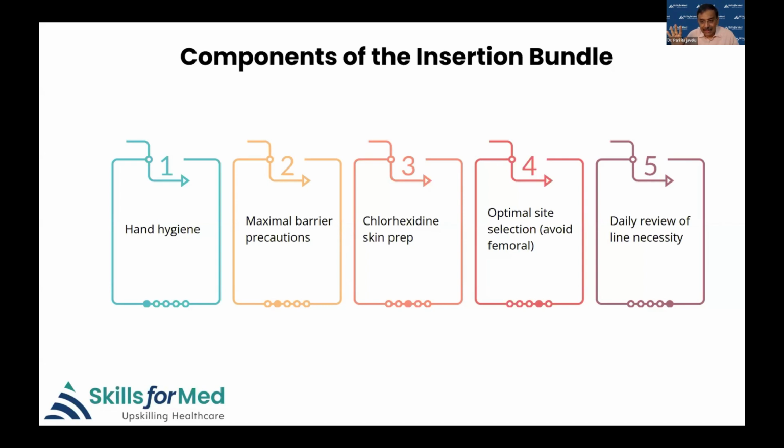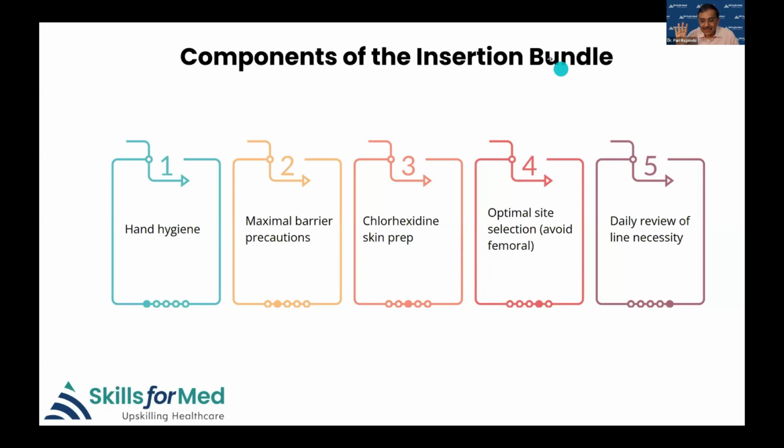CLABSI rate. Now, you tell me, if any of these things is not possible in your hospital, then we can accept a CLABSI rate more than 0. If any of you think that any one of this is not possible in your hospital, please raise your hands or put your comment in the comment box.